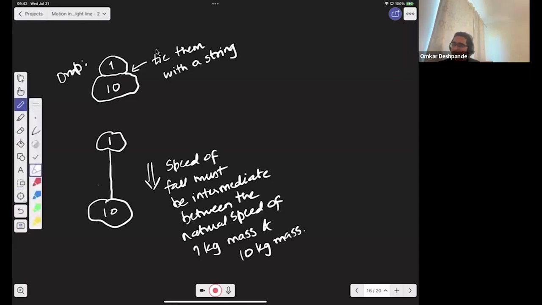Now Galileo said this is a contradiction because if we had never tied them with a string, suppose we had just glued them together. I just glue together these two so that this is effectively a mass of 11 kg.